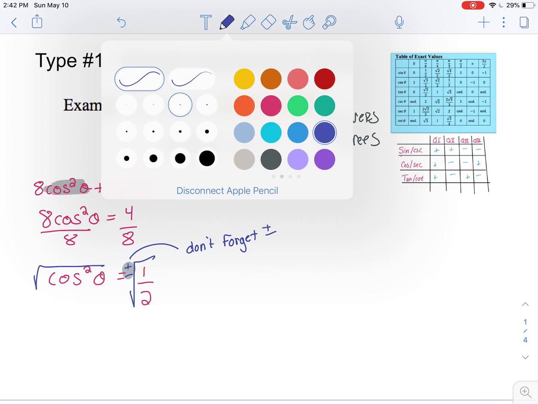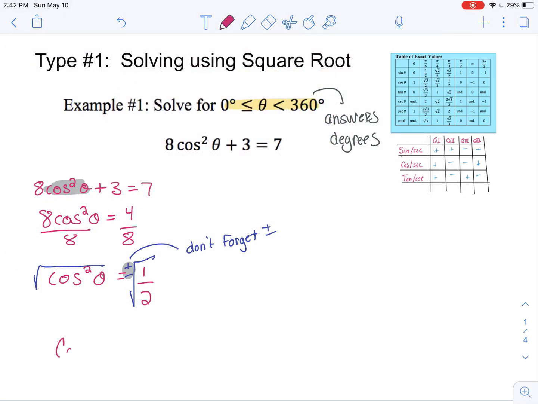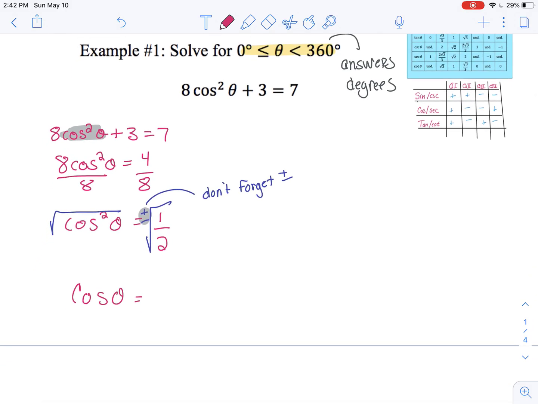So the square root of cosine squared is going to give me cosine theta. I'm going to rationalize the denominator here, and I'm going to get cosine theta is equal to plus or minus radical 2 over 2. So the plus and minus is really important. If you forget that, you're going to only end up with 2 solutions. And in this case, we have 4 solutions.